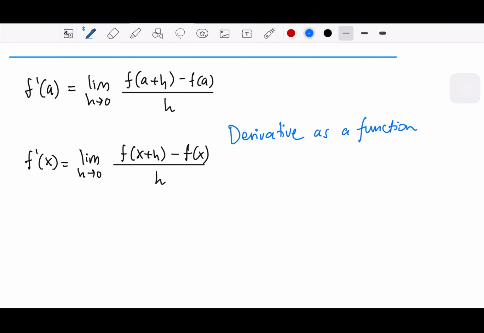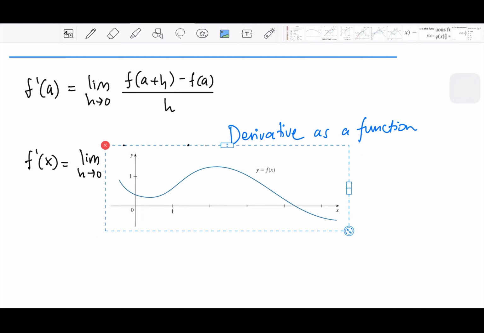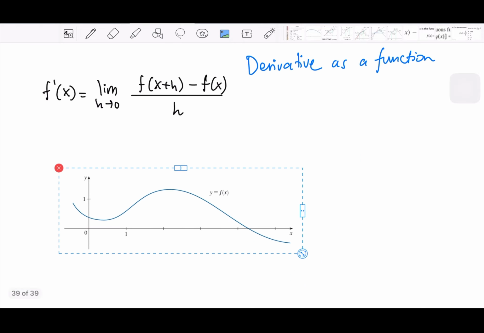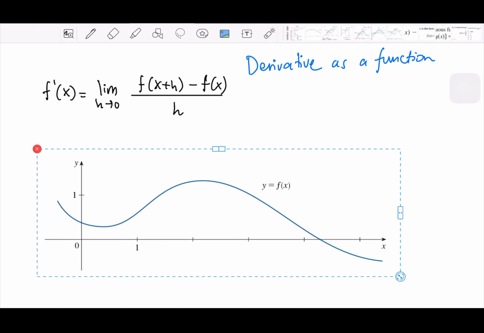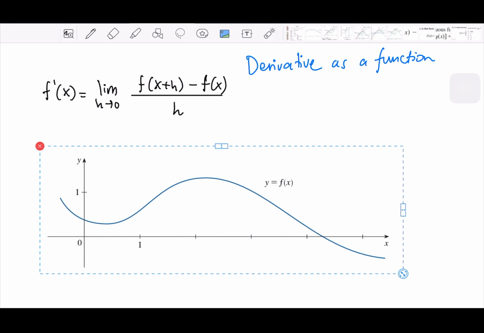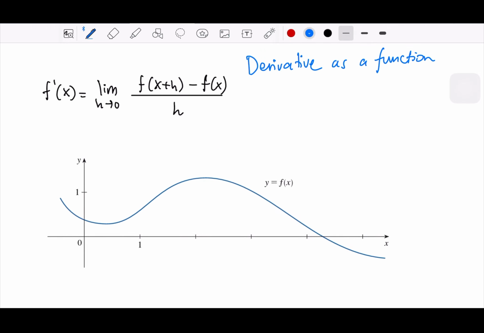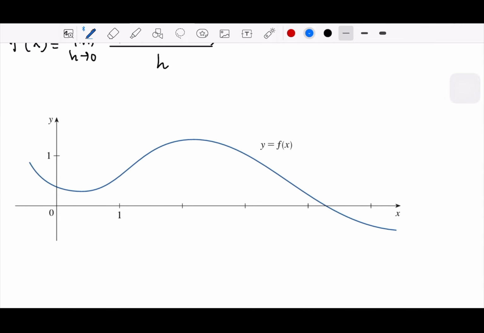Okay. Now, to begin this concept, derivative as a function, we need to at least visualize how it looks, so perhaps giving you some graphs. Okay, now we have this, let's say this is a random function.